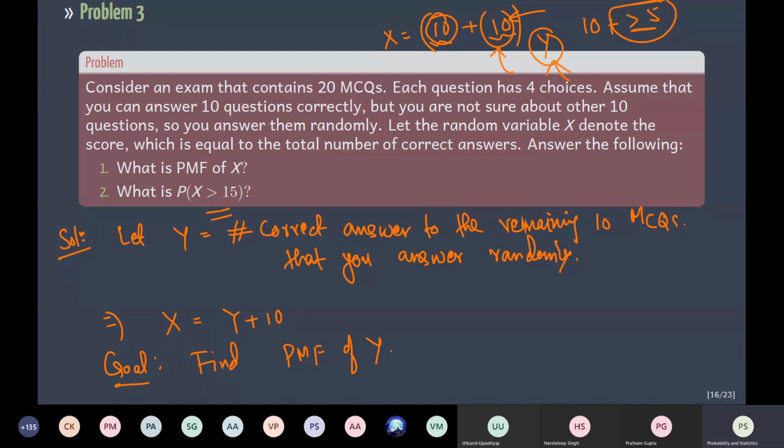Since this is an MCQ with 4 choices, choosing one out of the 4, your success rate would be 1/4. So for each question, the success probability is 1/4.